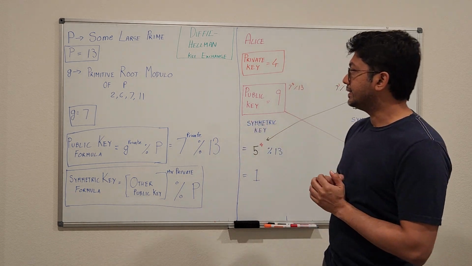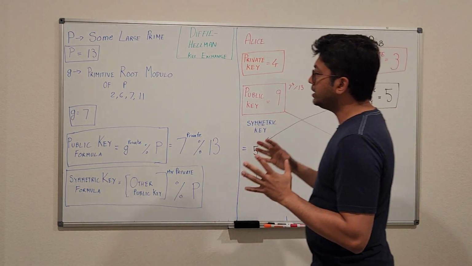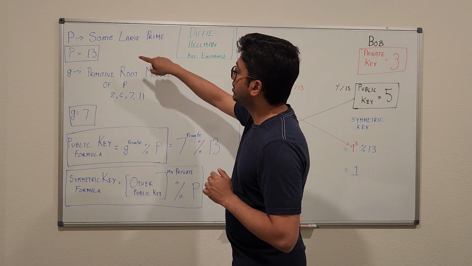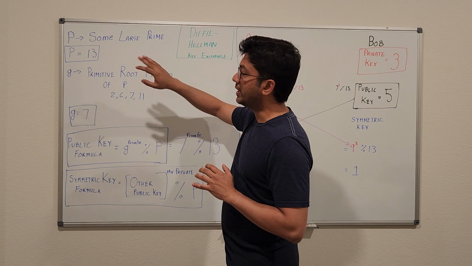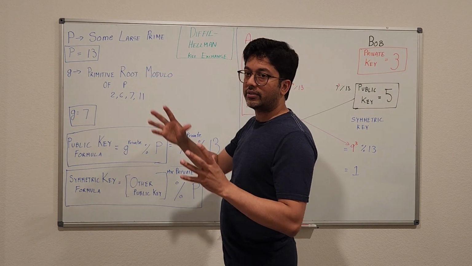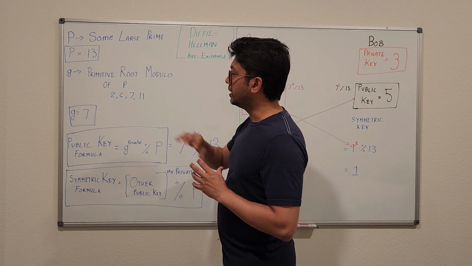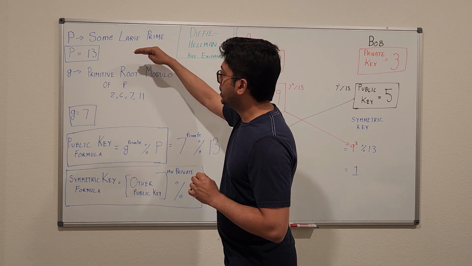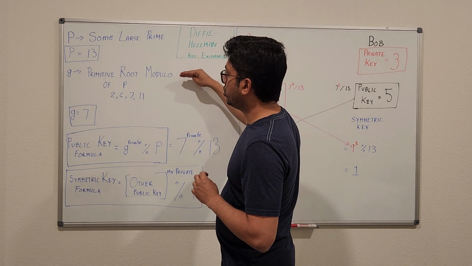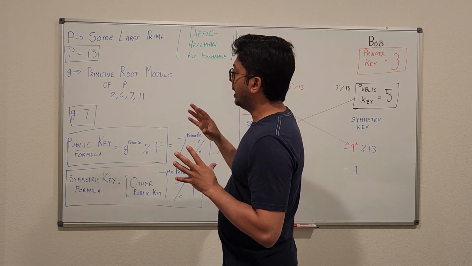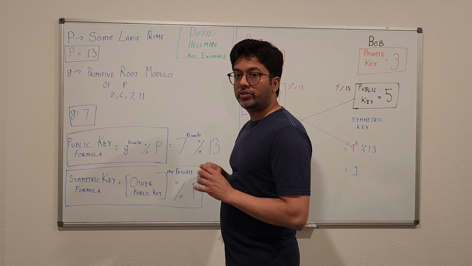So let's see an example. The way this works is you take some large prime number. For the sake of the example, I took 13, but in real life it will be a very large number. Then you get a primitive root modulo of that number. I'm not going to get into how you get the primitive root modulo.